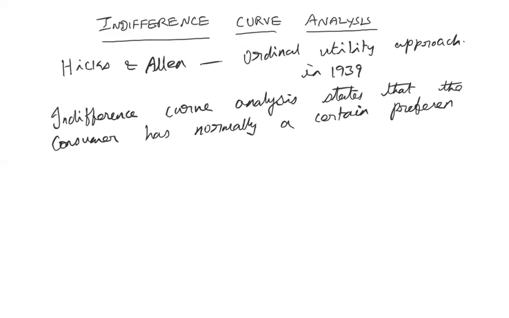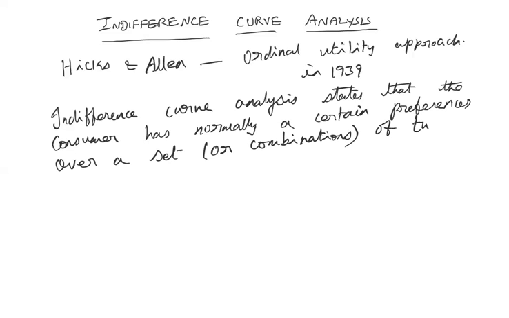Some commodities we like, some commodities we might not like that much, some commodities we don't like at all. So we have a certain set of preferences over a set, or what you call a combination, of two or more commodities.